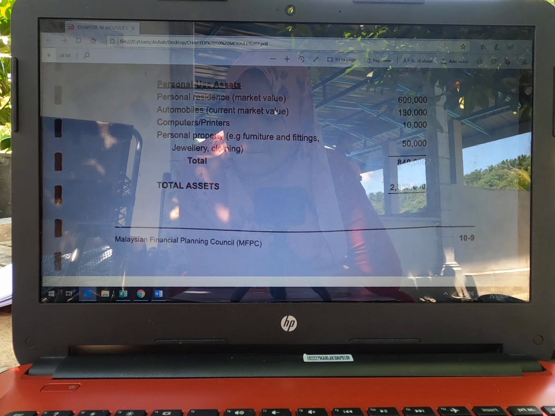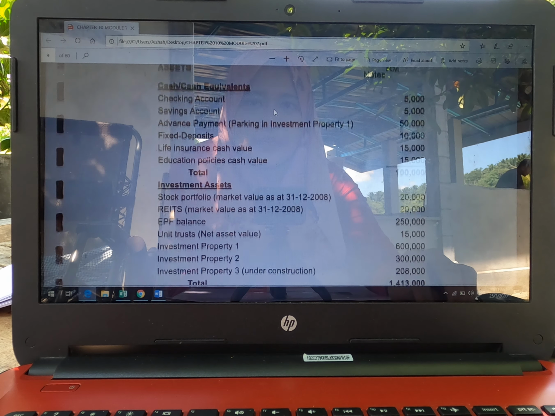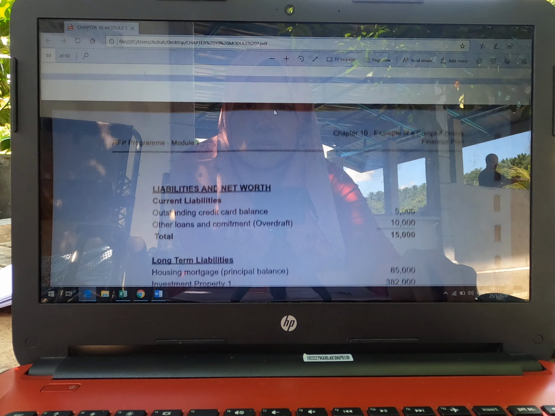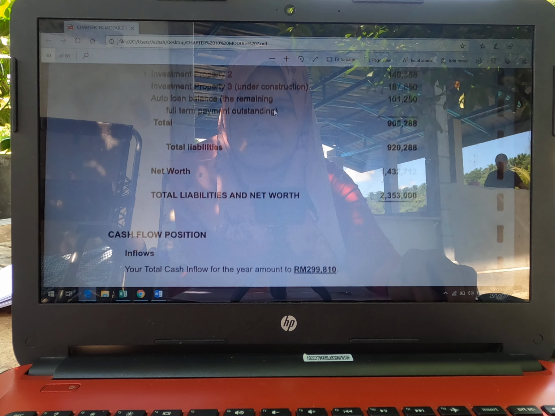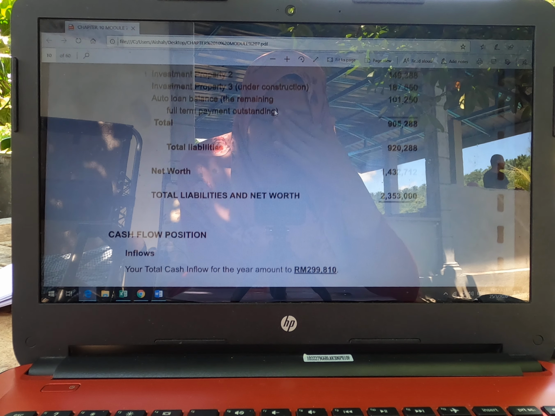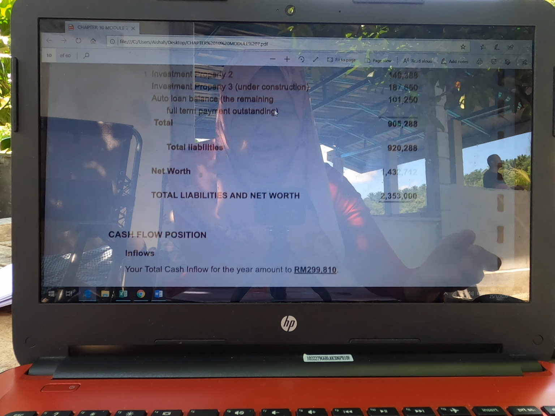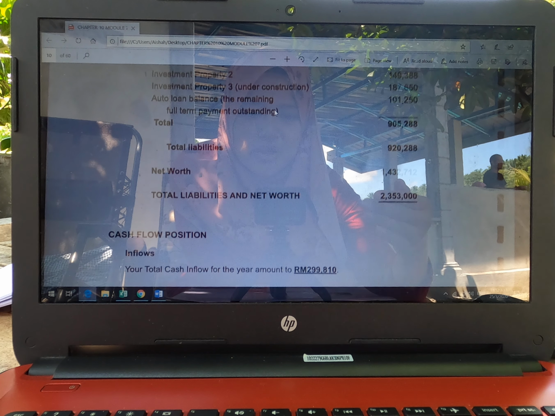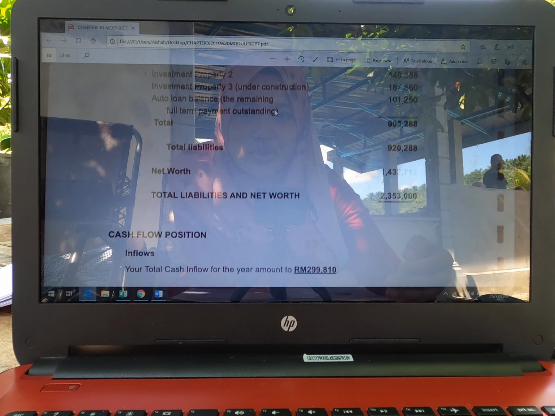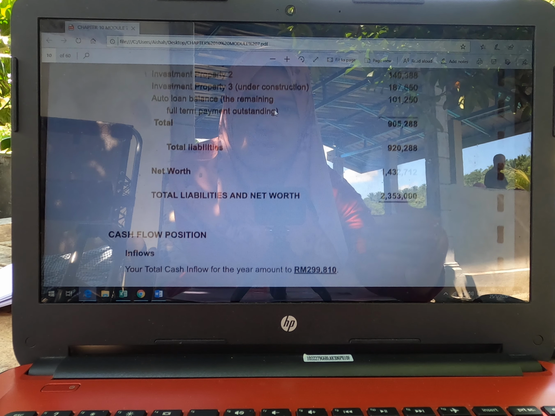Personal residence and automobile use the current market value, along with information about personal property such as jewelry, furniture and fittings. In the net worth statement, another thing to consider is that you have to show that your client's assets are higher than their liabilities, because at the end of the day you are going to give lots of suggestions to your client on how they can cope with their retirement planning, insurance planning, and so on.